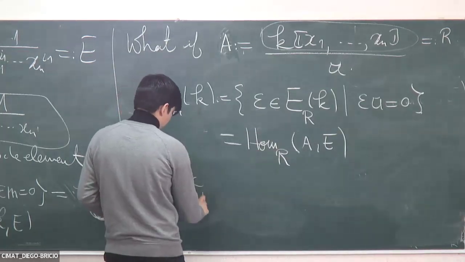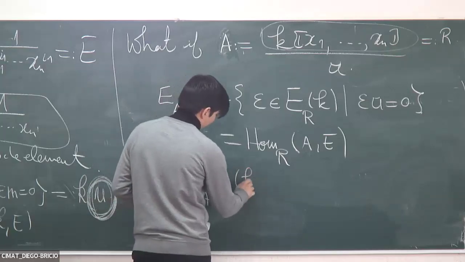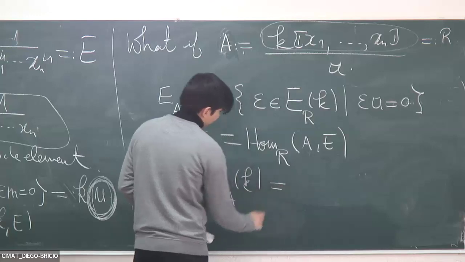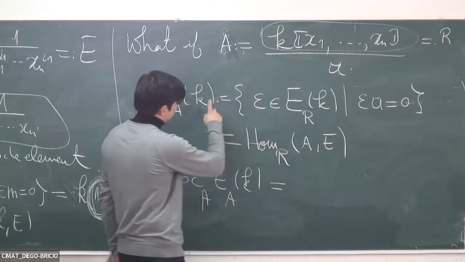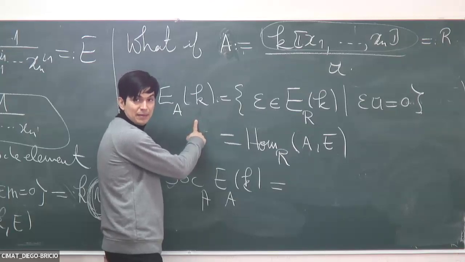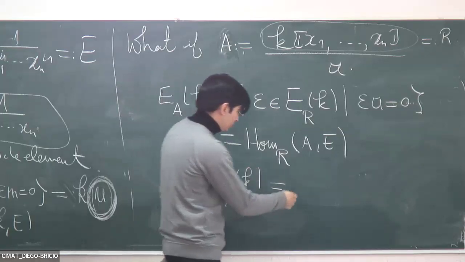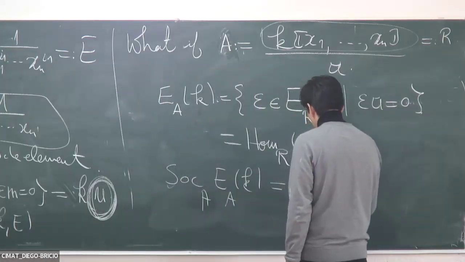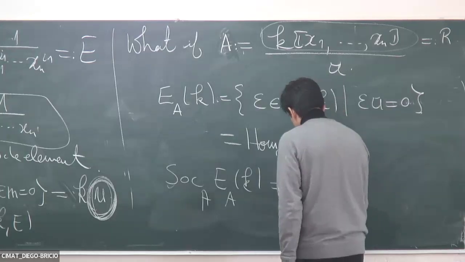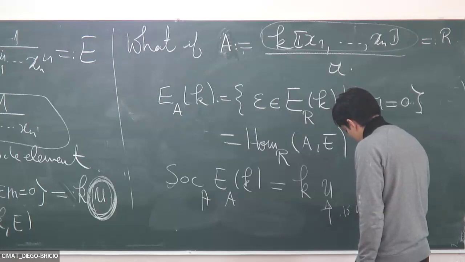The socle of this thing is also K. Notice that U is going to be here because U is killed by M, therefore it's killed by A because A is inside M, and so on. So this thing here is still K times U, and this is the exact same U. It's also a socle element.